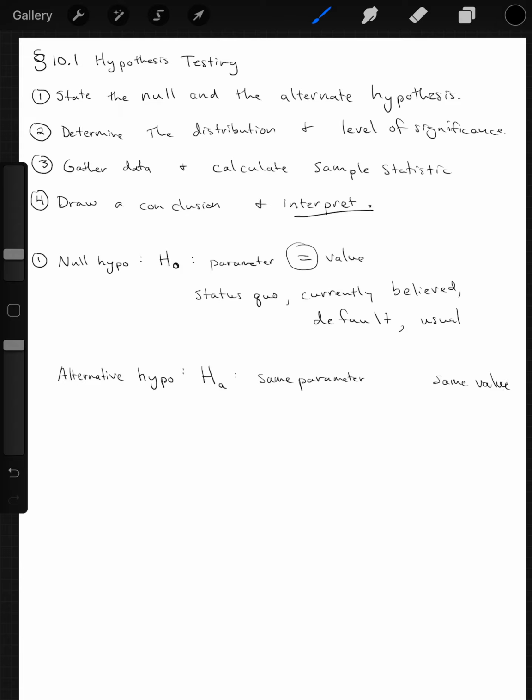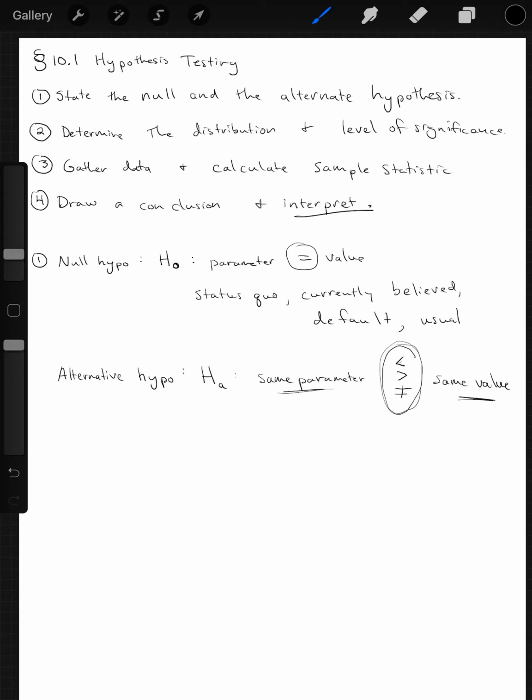The only choice you're making when you're coming up with an alternative hypothesis is: is it going to be less than, is it going to be greater than, or is it going to be not equal to? Right, so I'm not saying that one alternative hypothesis includes all of those. I'm just saying that these are going to be set to the same thing that your null hypothesis is. This is the thing that you wind up choosing whenever you come up with an alternative hypothesis.